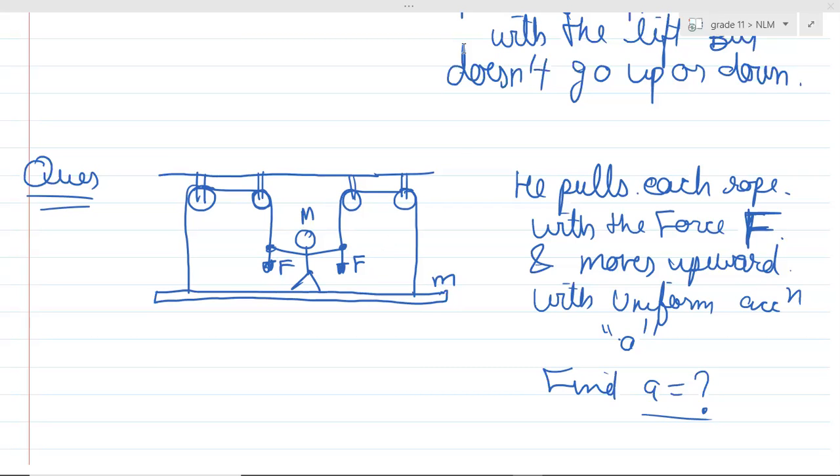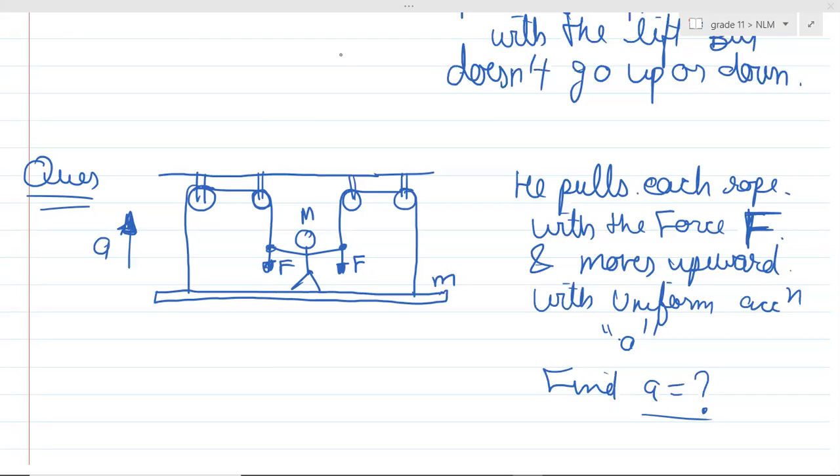So, M A, M plus m. So is the answer 2F by M plus m?